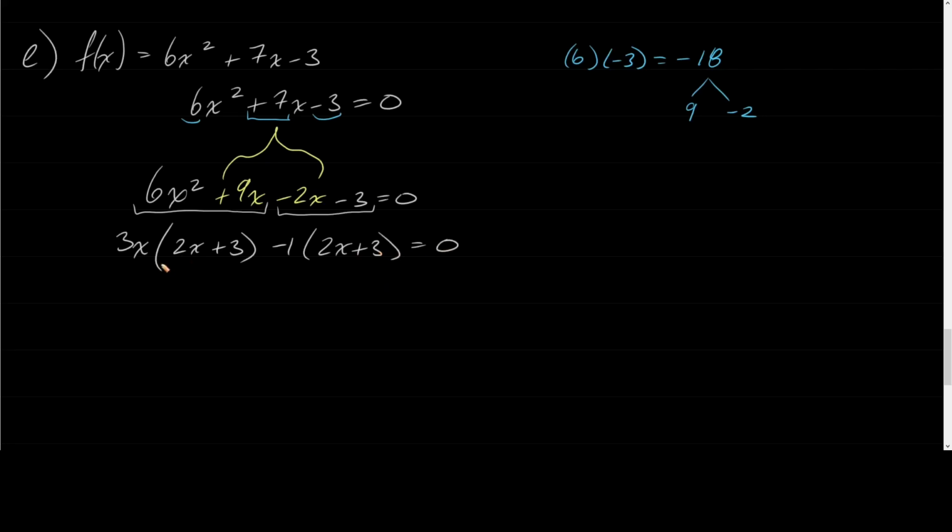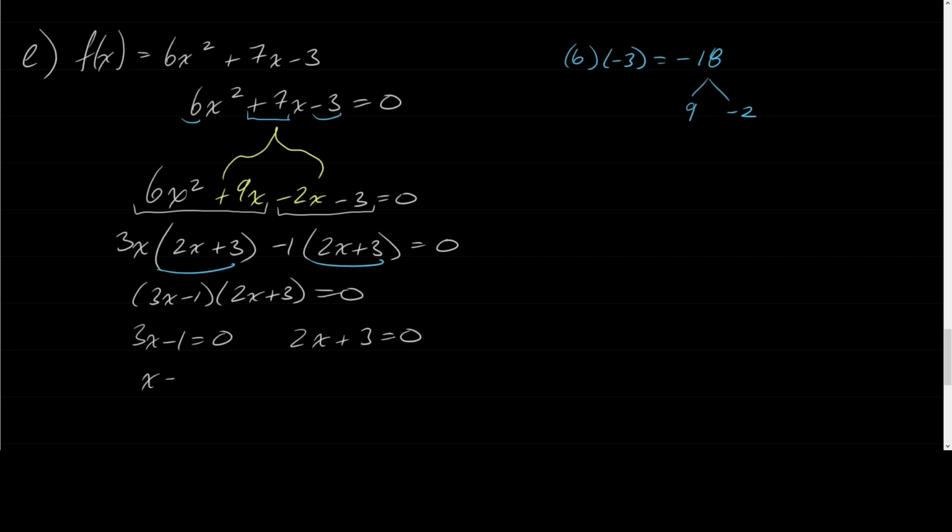At that point, I see 2x plus 3 in both of these, right? So I can factor that out, and I'm left with 3x minus 1 times 2x plus 3 is equal to 0, giving me that either 3x minus 1 is equal to 0, or 2x plus 3 is equal to 0. From the first equation, I get x equals 1/3. From the second, x is equal to negative 3/2.